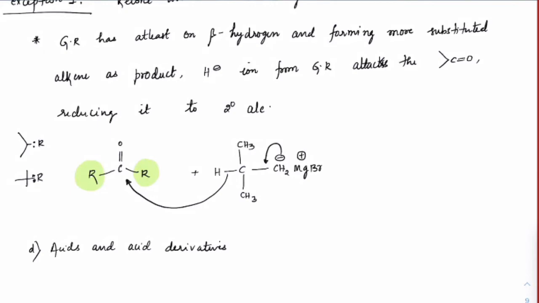Like I said, this is only possible when the beta hydrogen which is removed will make an alkene formation which is very stable. I mean, we should get at least more substituted alkene. In those cases, this is feasible.